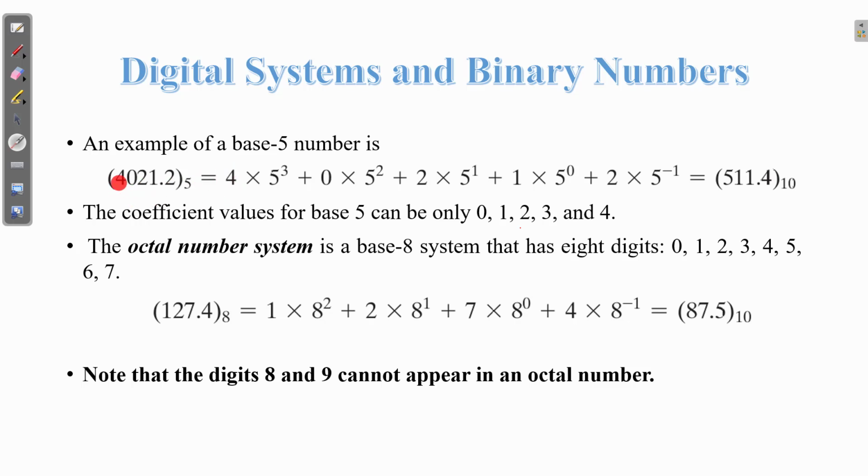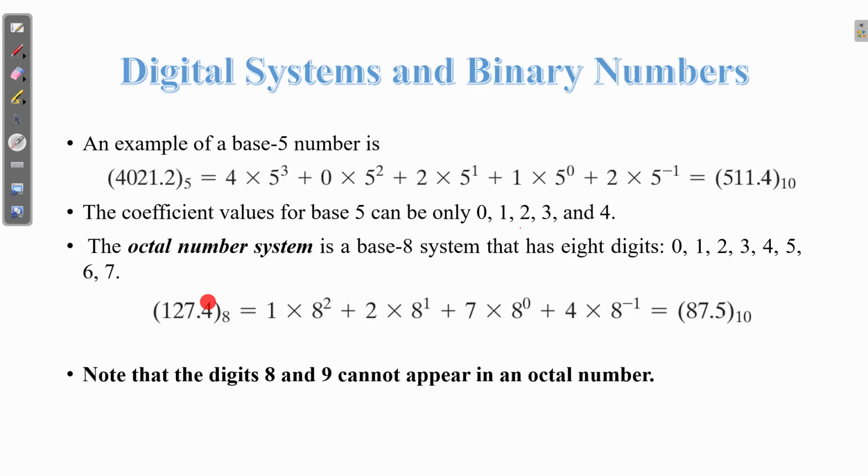Similarly, I can say that 4 multiplying by 5 to the power of 3 plus 0 multiplying by 5 to the power of 2 plus 2 multiplying by 5 to the power of 1, etc., up to the end. And in the case of the octal number system, when the base is 8, the same thing happens. 1 multiplying by 8 to the power of 2. Why? Because the place of this 1 is 0, 1, 2, so 8 to the power of 2. 2 multiplying by 8 to the power of 1, etc., up to the end.